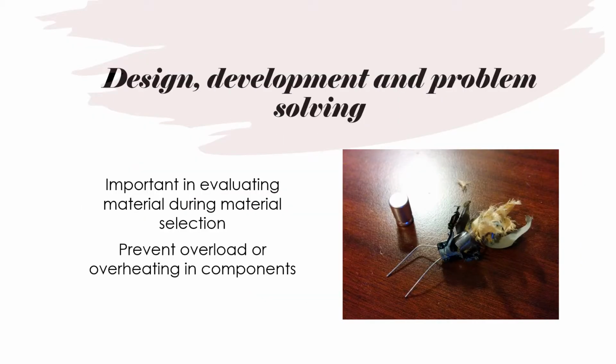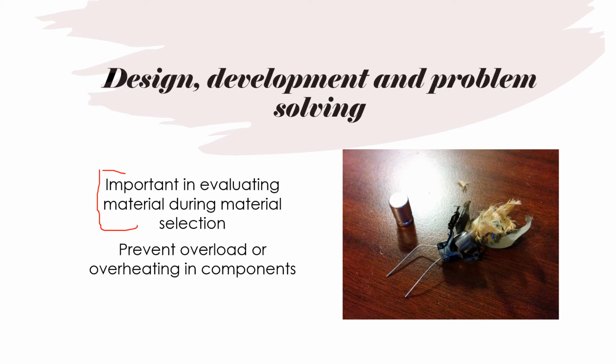So it brings us to the next impact, design and development and problem solving when it comes to electronic materials, electrical components. It's important when it comes to material selection because when you have a basic understanding of that, you can do evaluation, considering all the properties like resistance, capacitance, inductance, and so on.